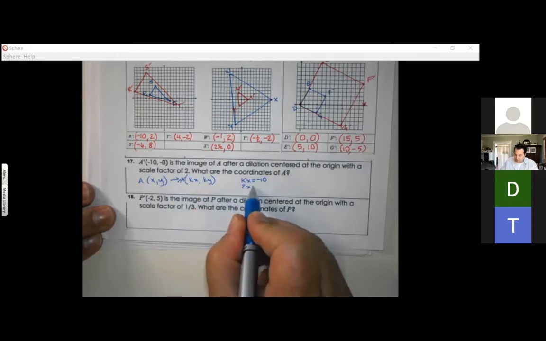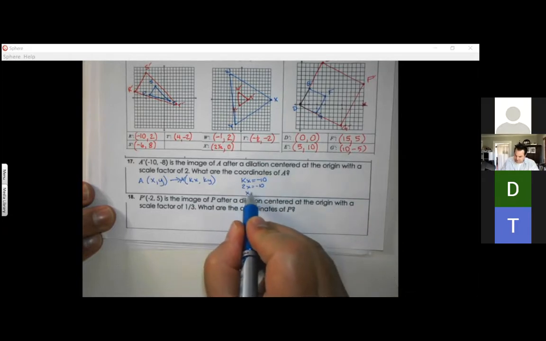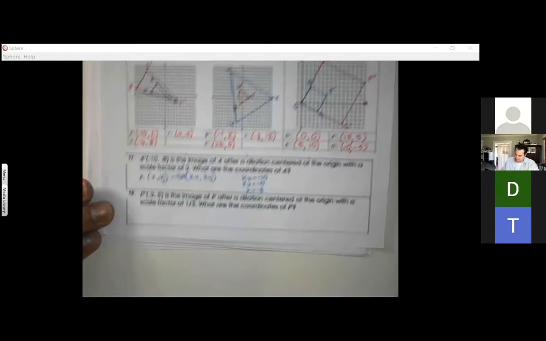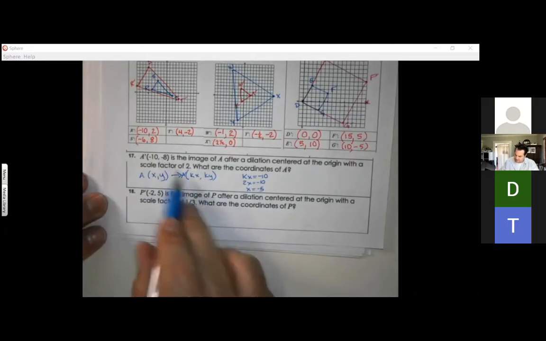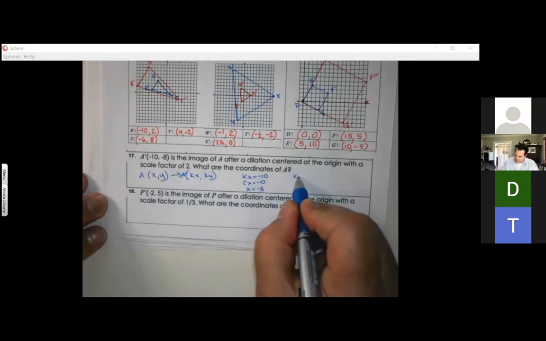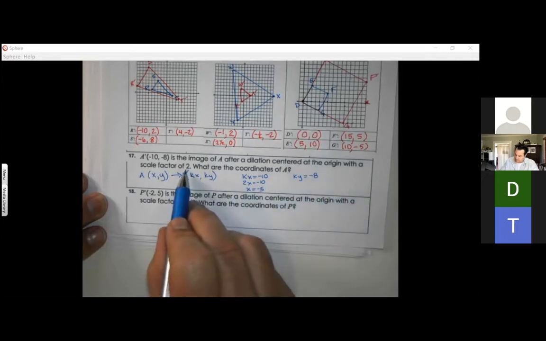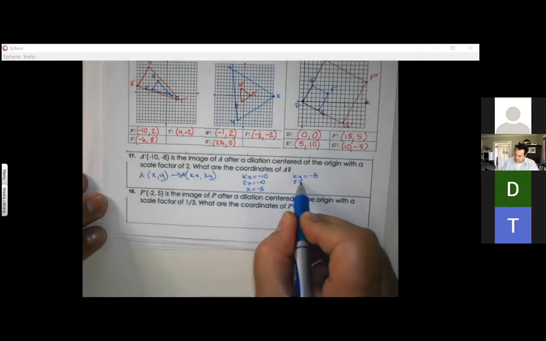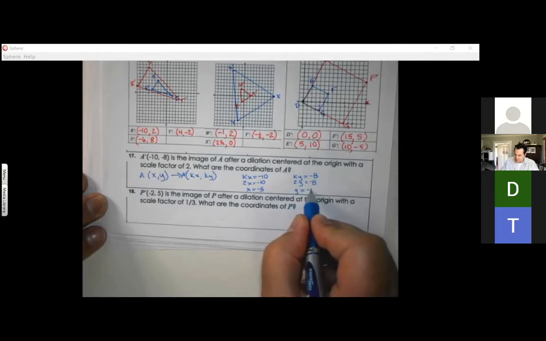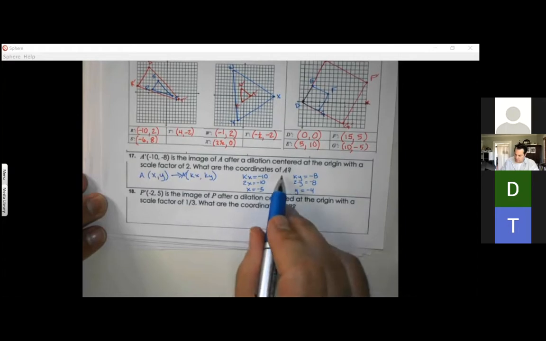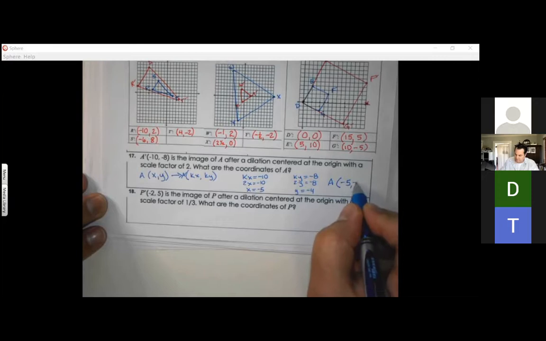So 2x equals -10, which means x equals -5. And then they also told us that ky would equal -8. And we know that k is equal to 2. So if 2 times y is -8, then y is -4. So the original point A would be -5, -4.